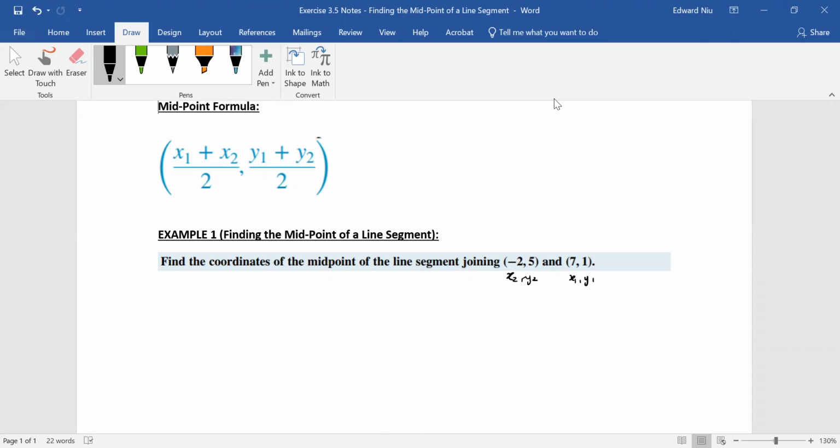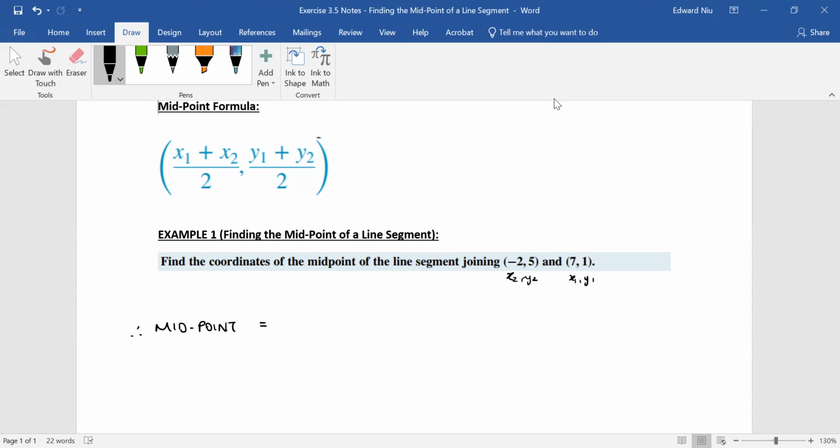Now that we've established x2, y2, x1, y1, to find the midpoint, let's write the formula. Oh, actually, we've got the formula right above us.